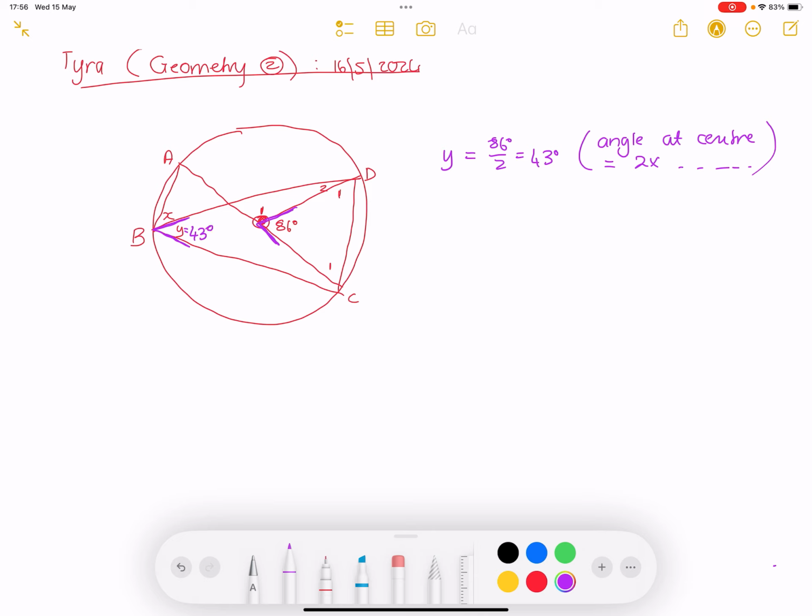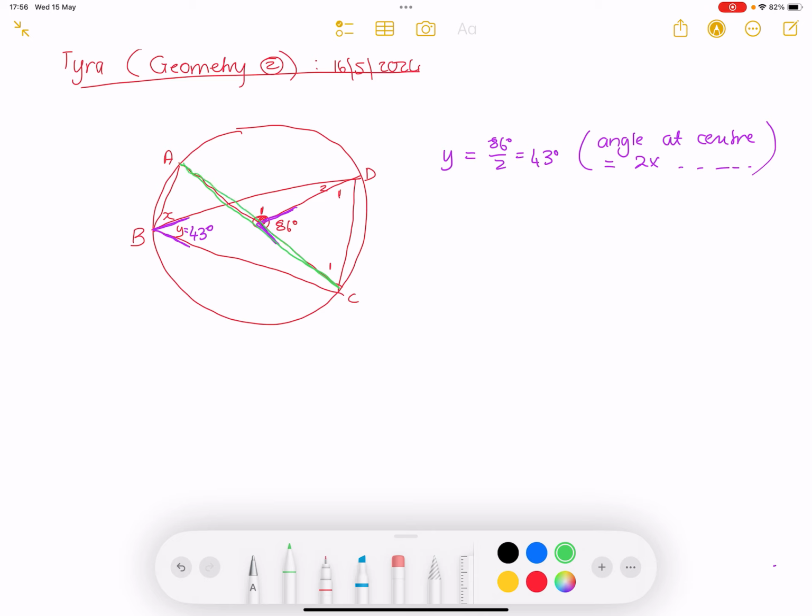Now I must work out for x. Is that correct? Yes, ma'am. If I look there, which color will stand out now? Green. Yes, ma'am. That is the diameter. So what happens in the diameter?